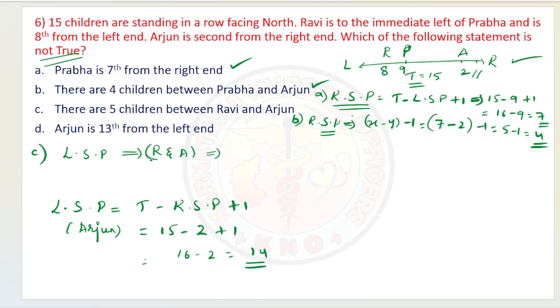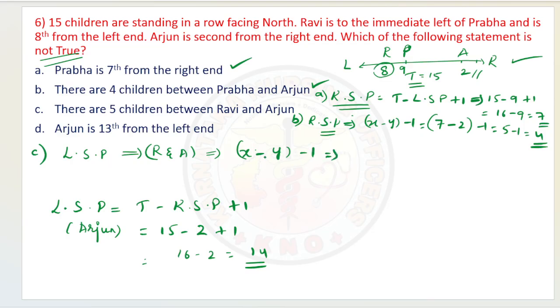Okay. So now let us calculate the number of children between Ravi and Arjun by considering left side position. The left side position of Ravi is how much? 8. And Arjun is 14. So use this formula: X minus Y minus 1.